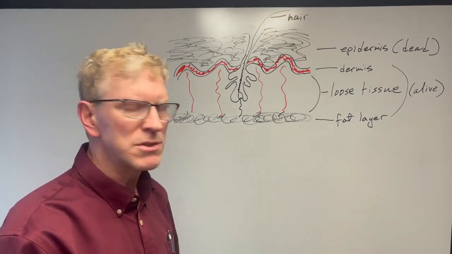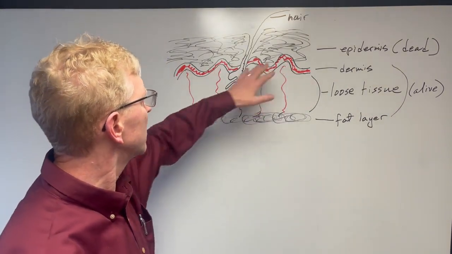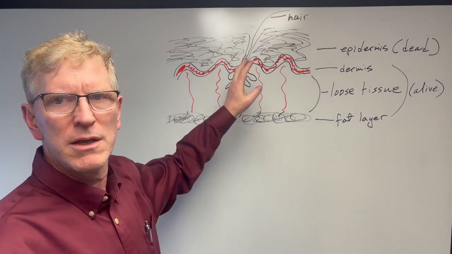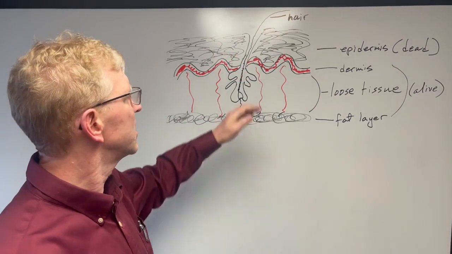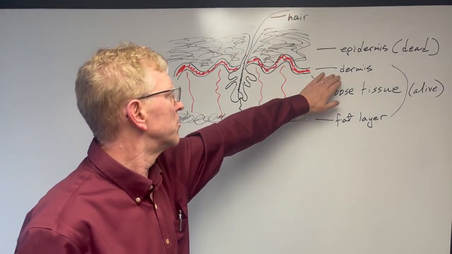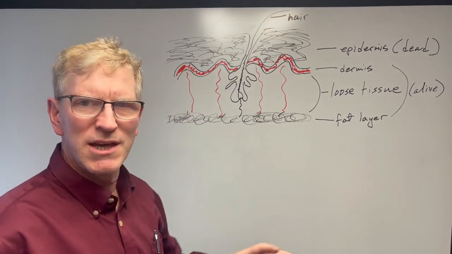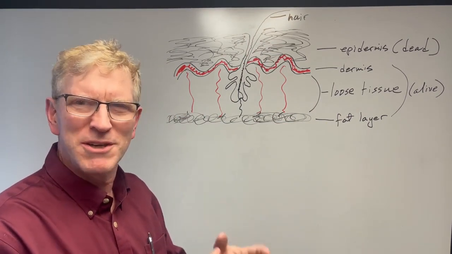So the next layer down, I've drawn this as this curvy thing, and I've drawn it as red just to symbolize that those are living skin cells. And those are the cells that become the dead skin cells. And so that's the dermis. Below that is just kind of some very loose tissue that has a bunch of different things in it.